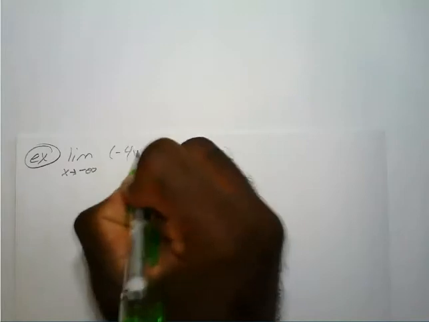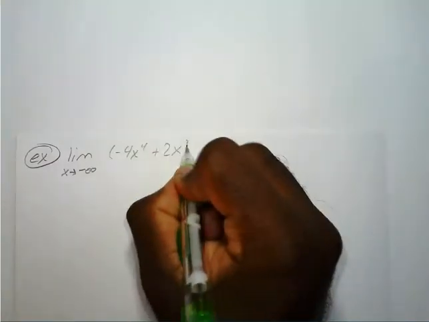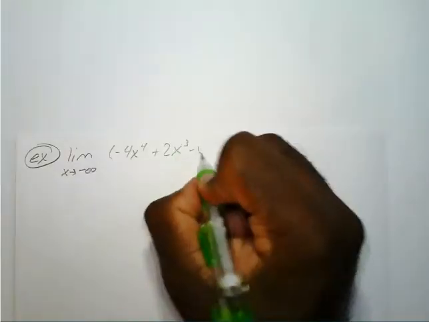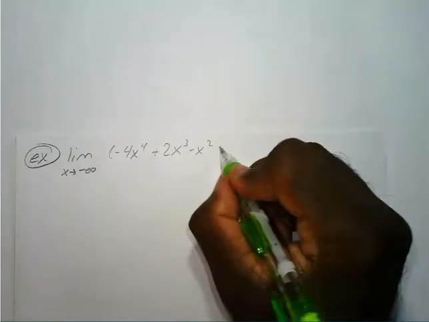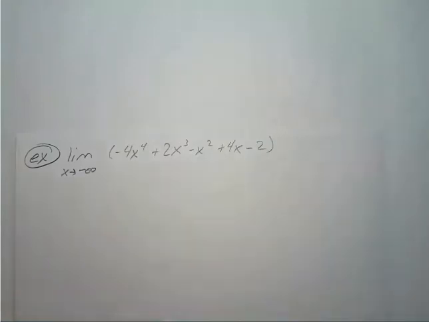Okay, so let's say, for example, we have the limit as x approaches negative infinity of negative 4x to the fourth power plus 2x to the third power minus x squared plus 4x minus 2. Okay, so we want to find the limit of that one.